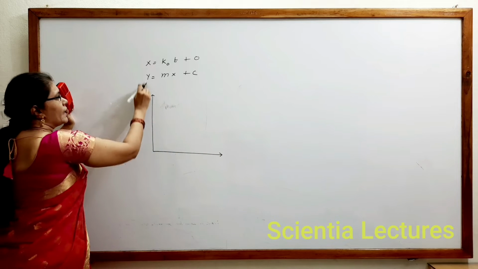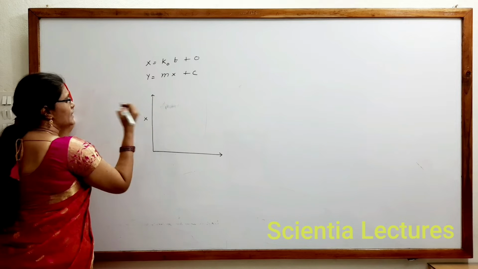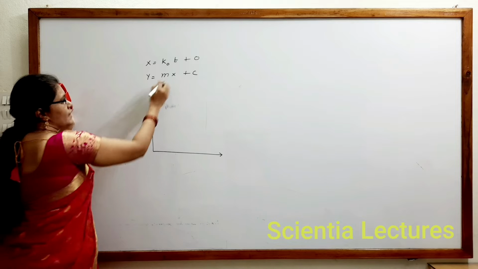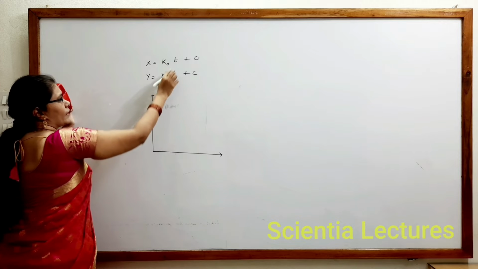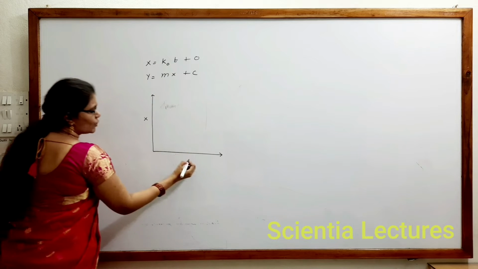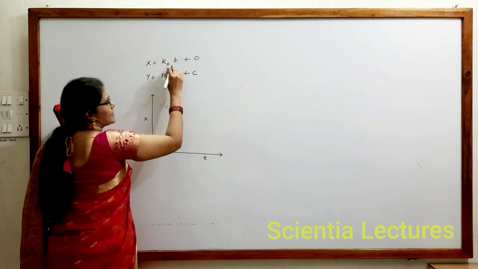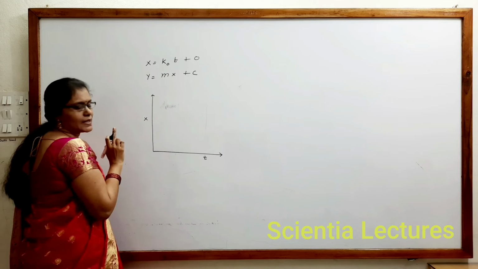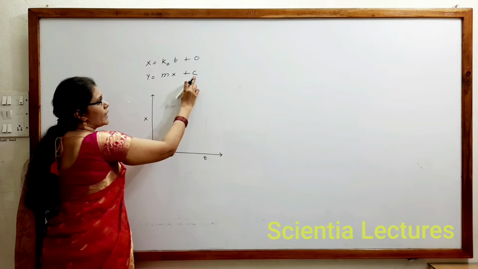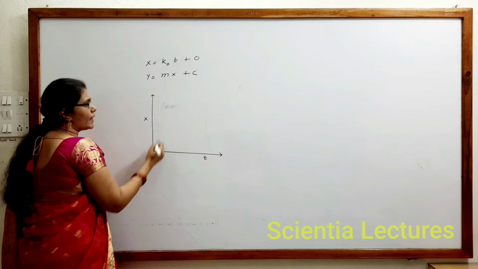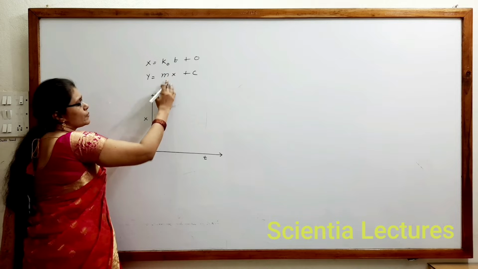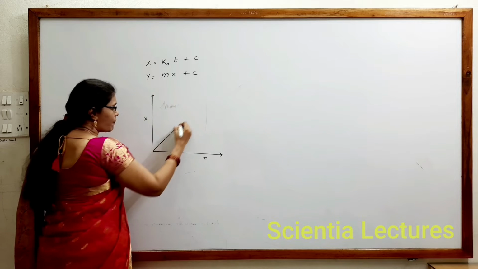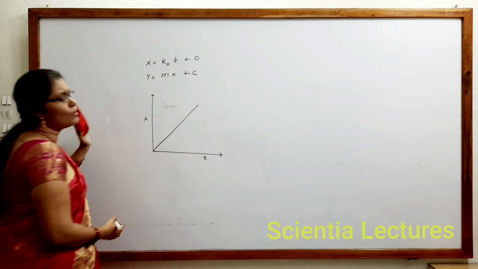Here we should take x, the reacted amount in a reaction, on the y-axis. Slope is k naught. What is t here? We should take t on the x-axis. Only variables should be present on the x-axis and y-axis, not any constant. What is the y-intercept? 0. As the y-intercept is 0 and the slope is positive, we can see that the straight line passes through the origin.